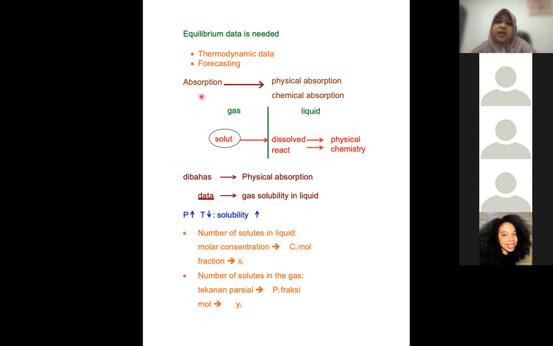So in physical absorption, CO2 is absorbed by the water. That's why in the advertisement, it's better to drink it cold. They tell you to put it in the fridge, because at that time, I have a bottle here.